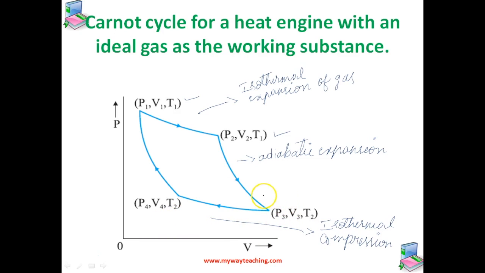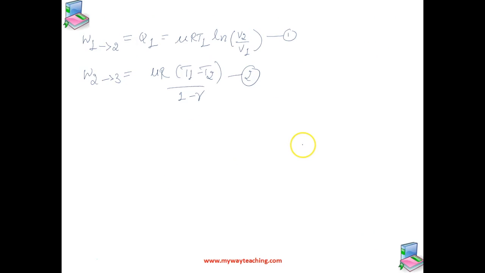So heat Q2 is released by the gas to the reservoir at temperature T2. We can also write this through the equation for the work done on the gas by the environment.